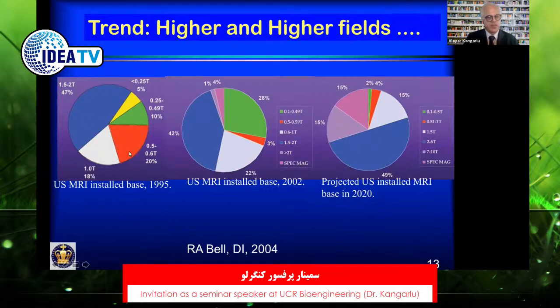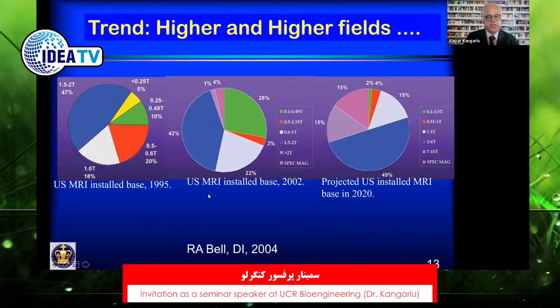There were some magnets of less than 1 Tesla, mostly special magnets such as organ-specific magnets, head-only magnets, extremity magnets, upright magnets and open MRI scanners. These together made up the rest of the MRI scanners back in 1995.